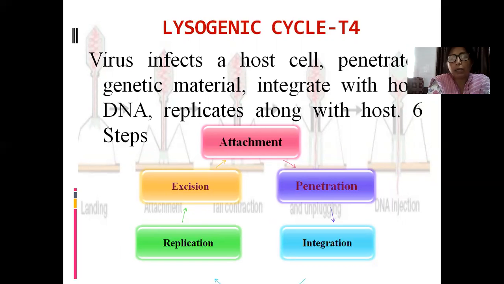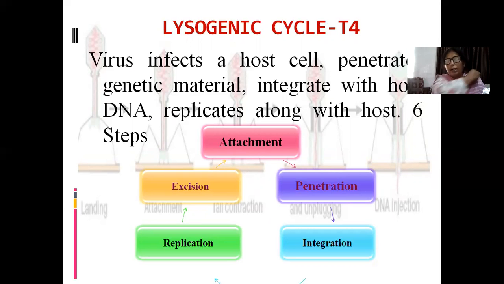First step is the attachment of the bacteriophage over the membrane of the bacteria. Second is the penetration of the genetic material inside the bacterial cell. And third is the integration or addition of the viral DNA along with the bacterial DNA.